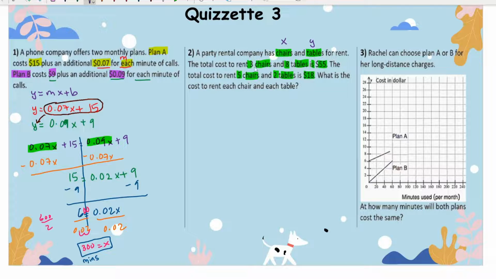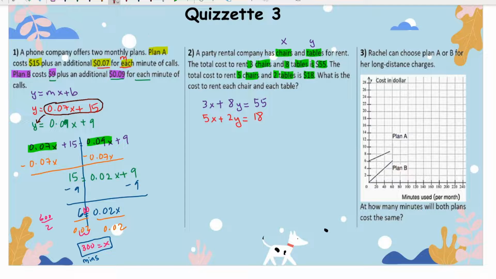The total cost to rent 3 chairs, so 3x plus 8y is equal to 55. And the second one, the total cost to rent 5 chairs, 5x plus 2 tables, 2y, is 18. That's it. We just set up the equations. Now we're going to solve the system.